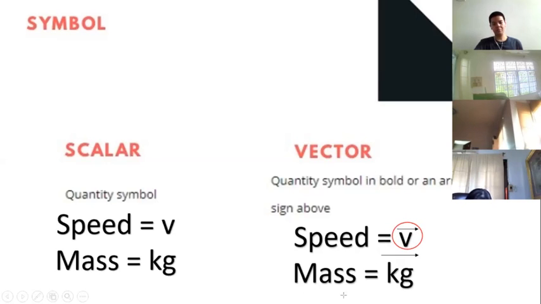Also for mass, the quantity symbol is kg, right? Or kilogram. You are going to draw also an arrow because in vector, it already has direction.